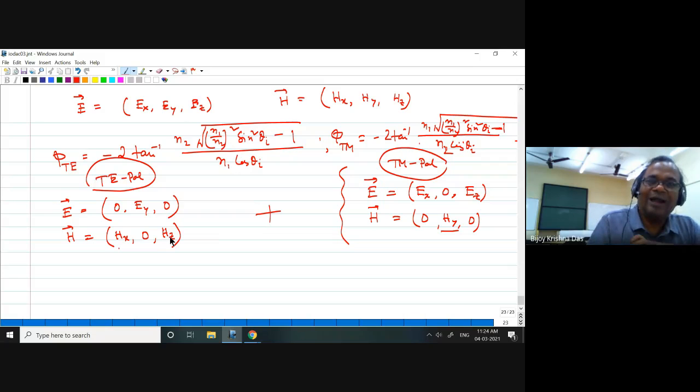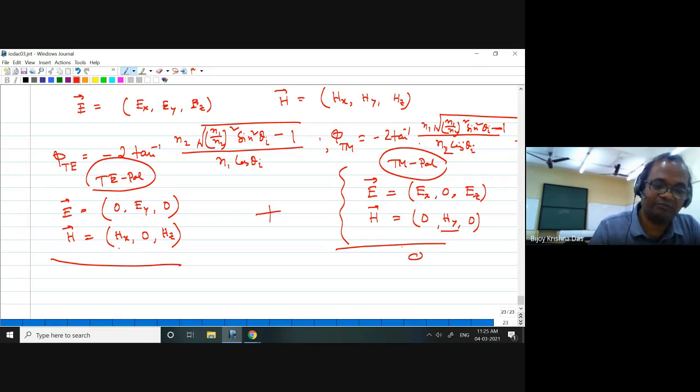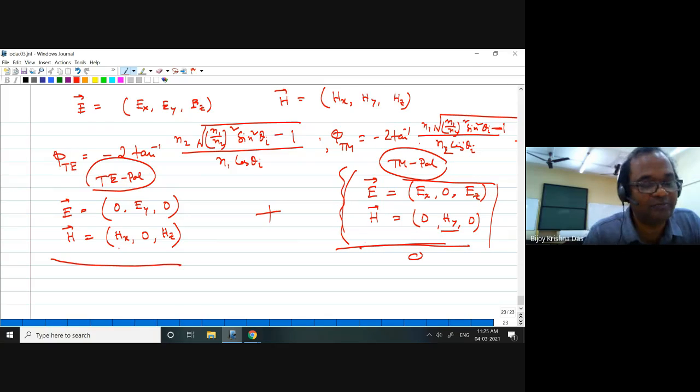In other words, suppose you have only this type of situation, and this is actually zero. Only these components are there, then we can call that a TE mode having total internal reflection. And conversely, if only these components are there, then we will call that TM polarization. Is that clear?